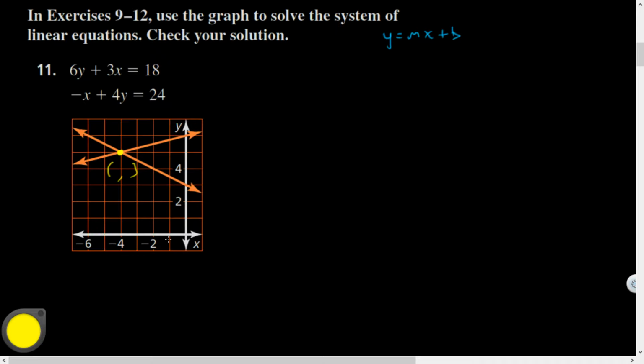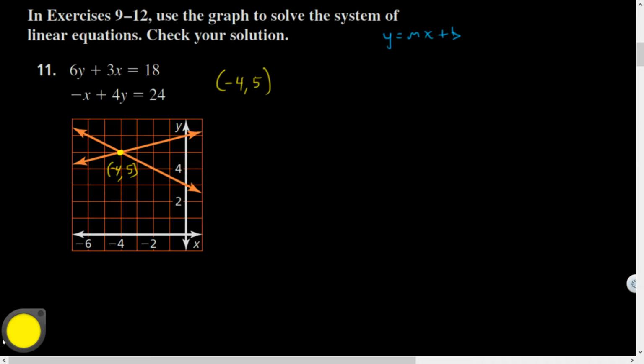In terms of x, it looks like -1, -2, -3, -4, right? And in terms of y, how high is this point? How high is the y? Anybody? 5. Thank you, thank you. So -4, 5, I suspect is the solution.